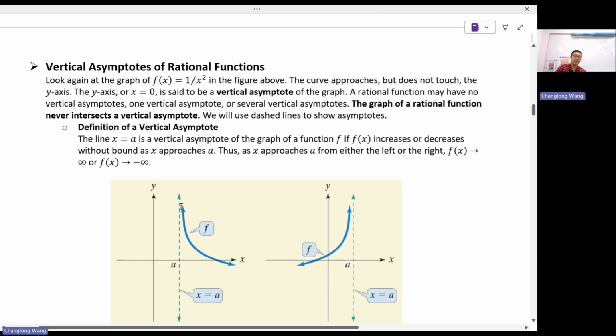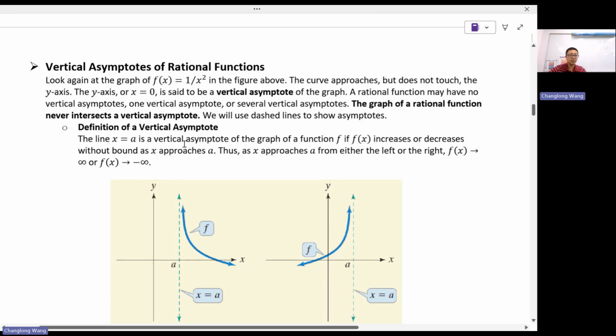Of course, the closer you take the value of x to the vertical line, the closer the graph will be, as it rises to positive or negative infinity.